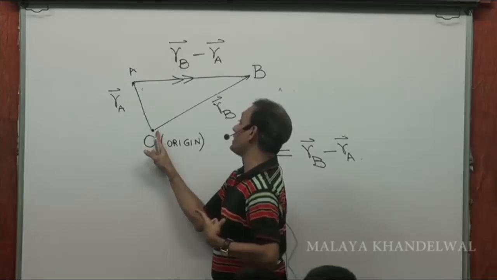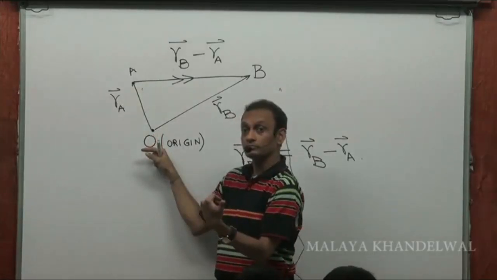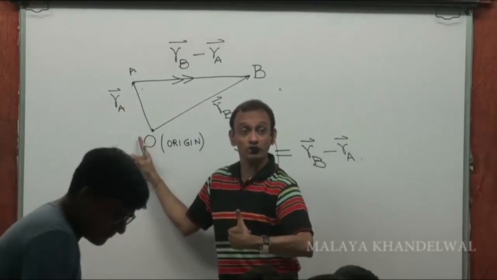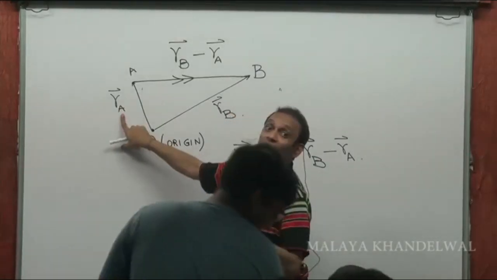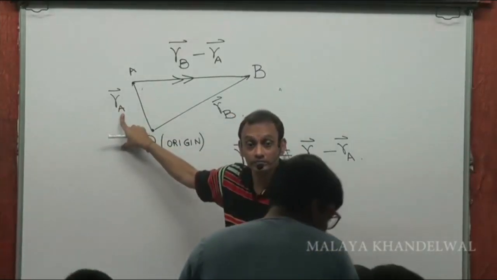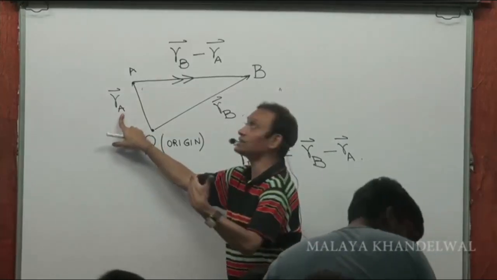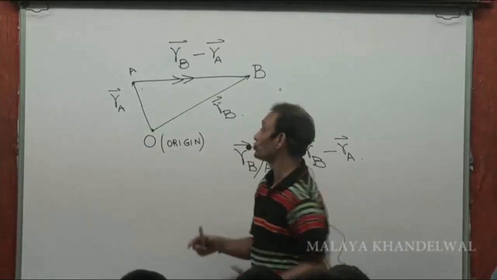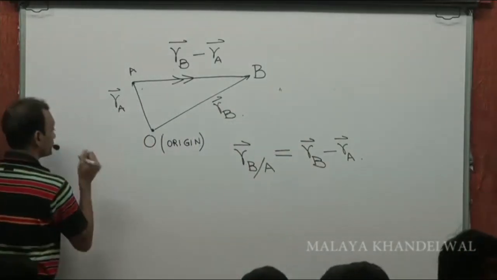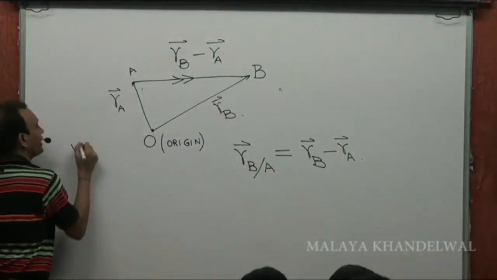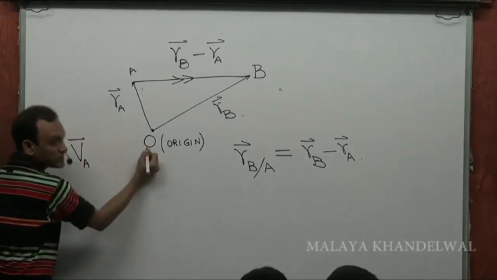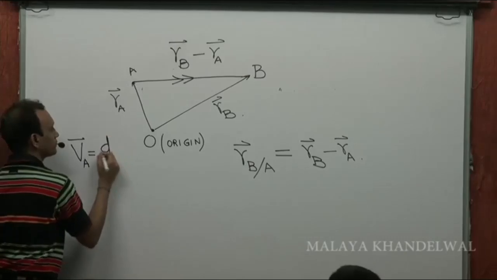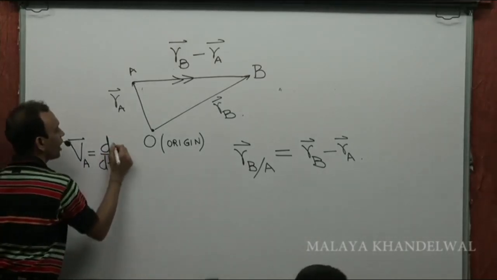Now, velocity of A as seen by an observer at the origin. Velocity of A as seen by an observer at the origin would be measured by how RA changes with time. Right? Rate of change of RA with time will measure the velocity of A as seen by O. Yes or no? If there is an observer here, then velocity of A as perceived by the observer O is going to be how RA changes with time, ddt of RA.